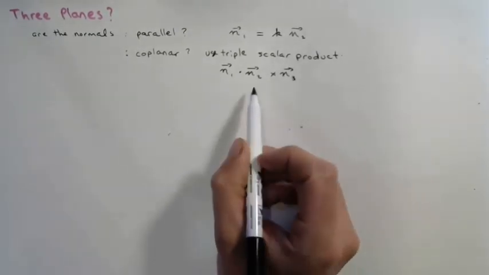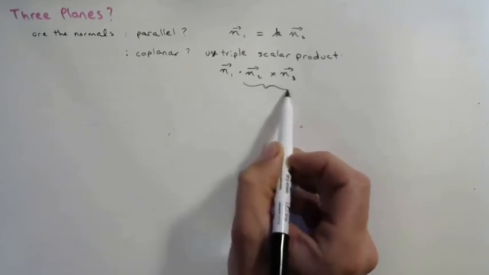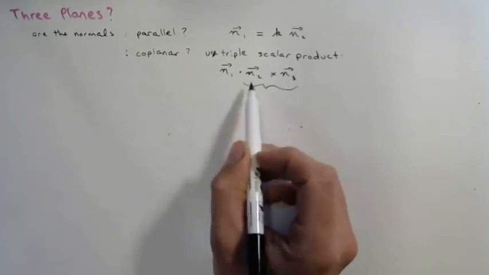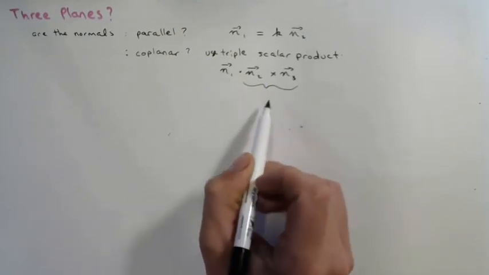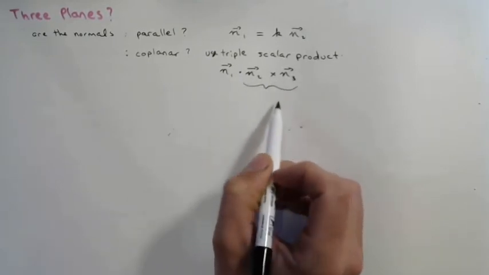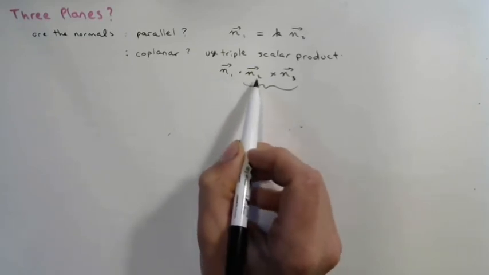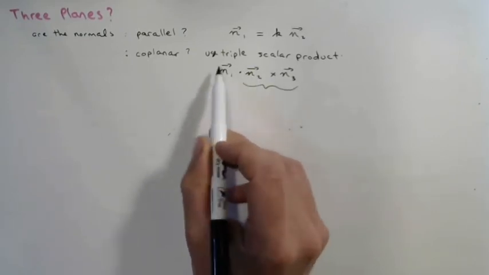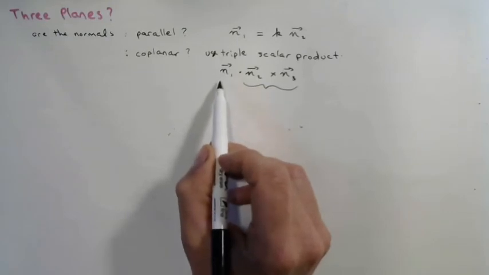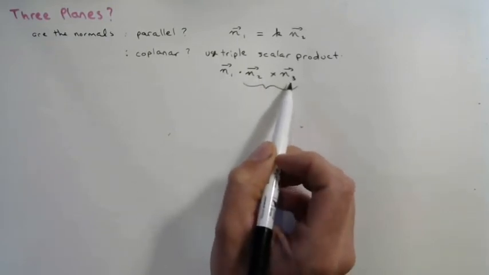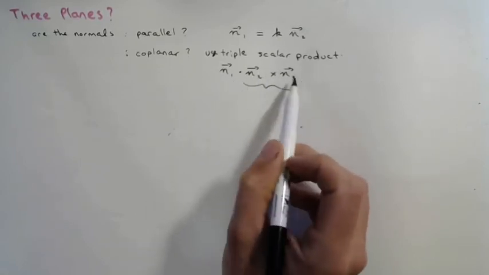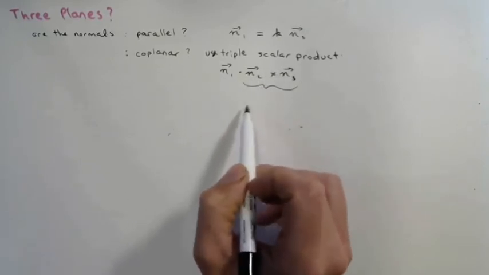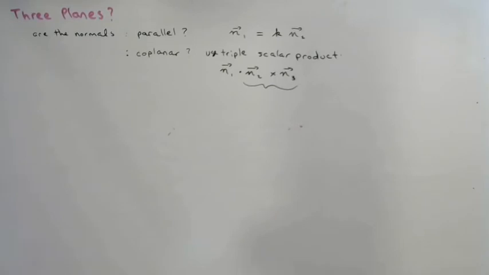And we remember that we have to do the cross product part first, because this will result in another vector. And then we'll take the dot product of n1 and that cross product. If we did n1 dot n2 first, we'd end up with a scalar, and it's nonsense. A scalar cross a vector makes no sense. So the only way this makes sense is if you do the cross product first, and then you'll have two vectors still, and you can take the dot product.